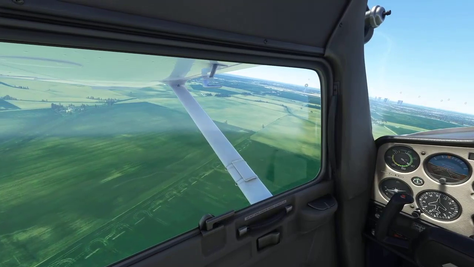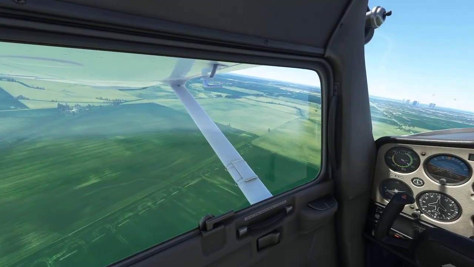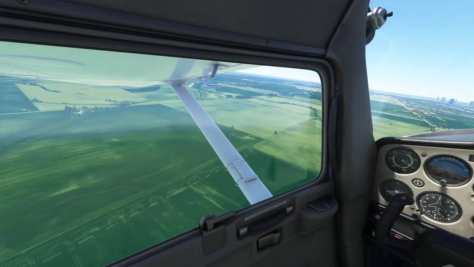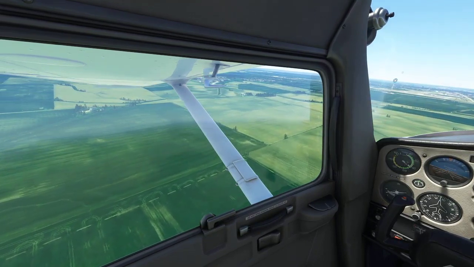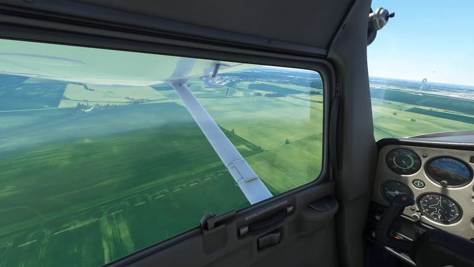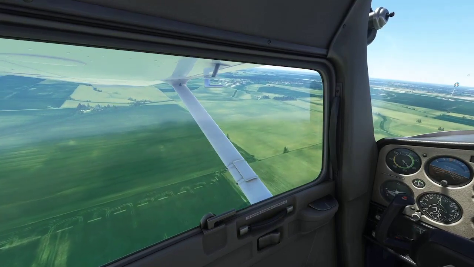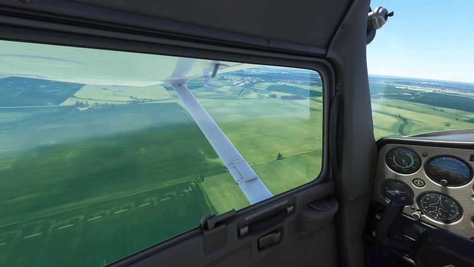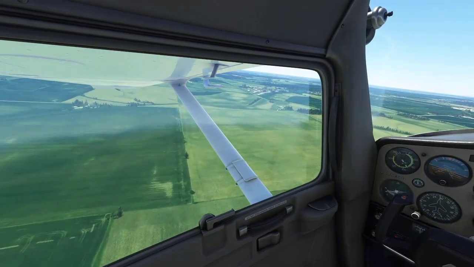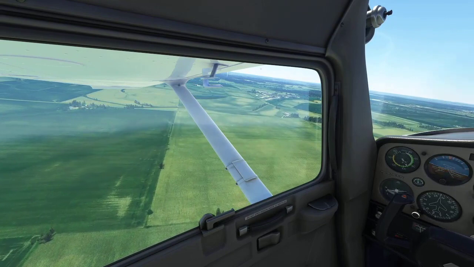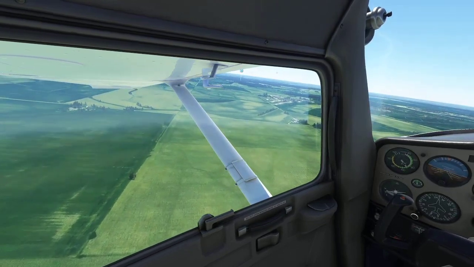That's fortunate. So we're starting to gradually increase our bank, trying to stay the same distance. I'm probably doing my circles too large, but trying to make the best of this one monitor situation.